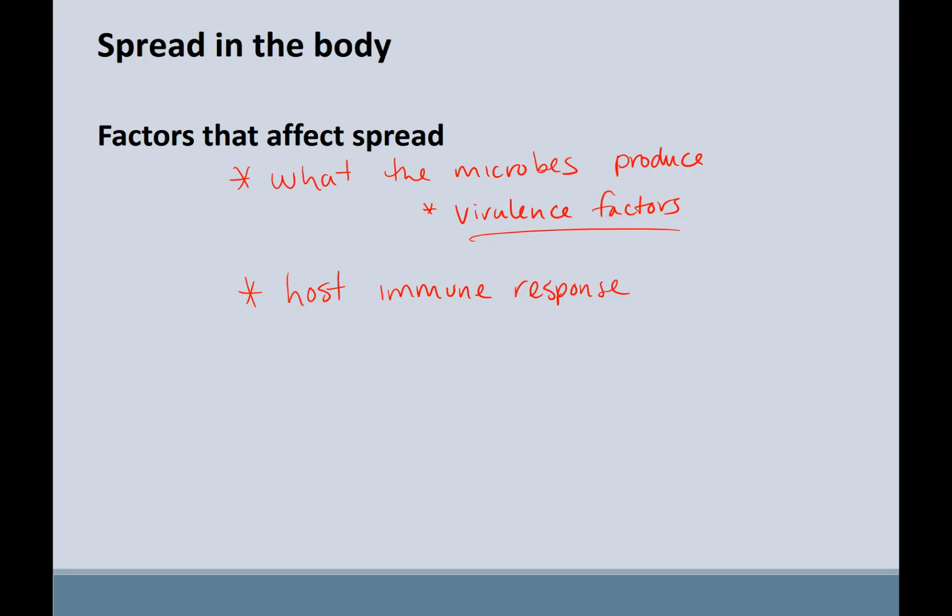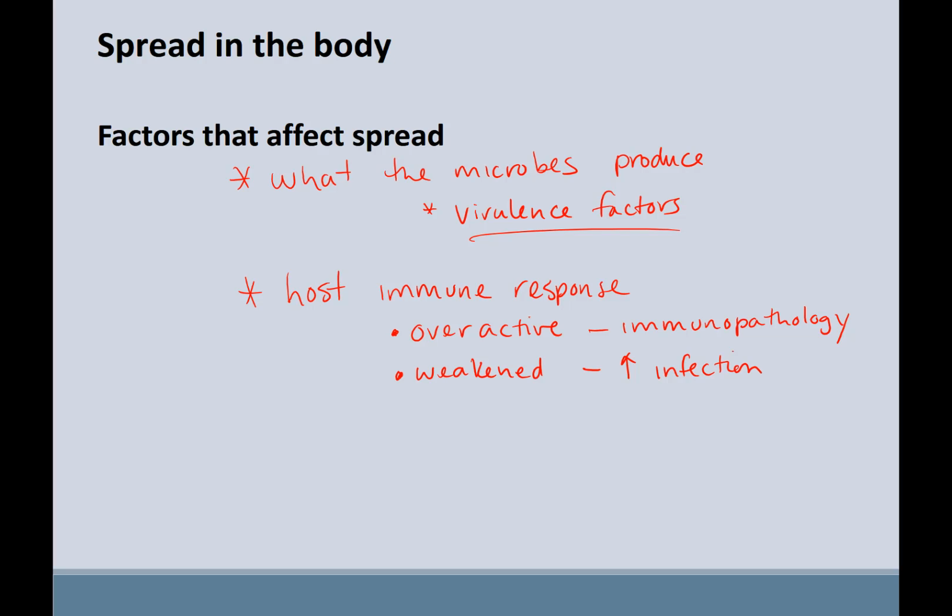But sometimes it gets overactive and causes what we call immunopathology, which is basically tissue damage due to our immune system. And as we've talked about, if it's weakened, you increase the likelihood of infection.